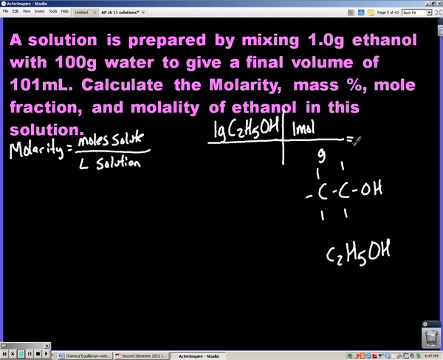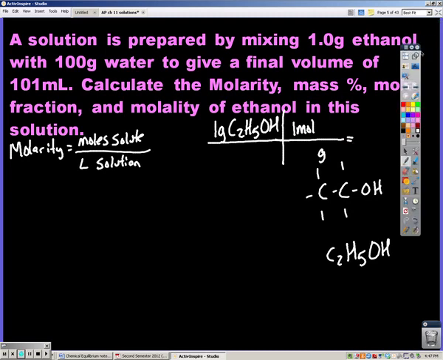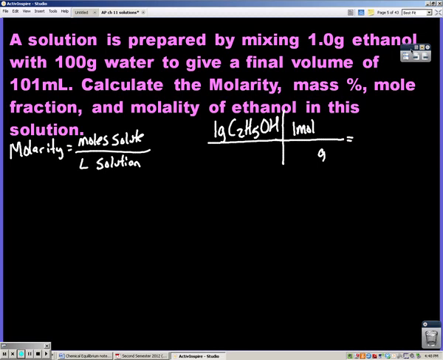Now I can calculate my molar mass and convert that to moles. So go ahead and calculate your molar mass. You should have gotten 46, which means you have 0.022 moles of ethanol.